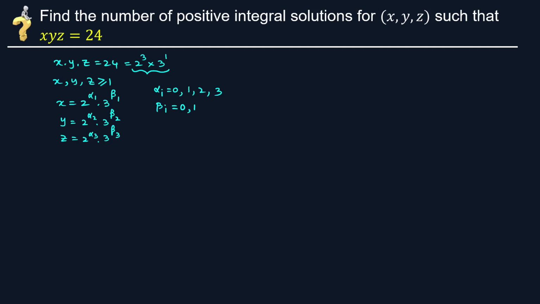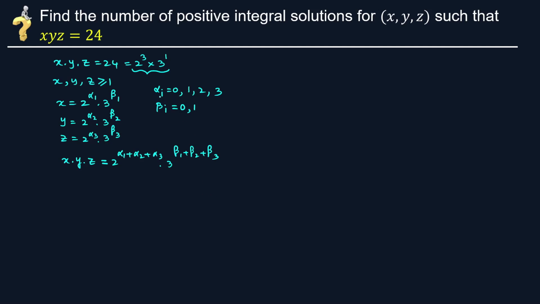We only have three 2s and one 3. So other than that, you cannot go. Now look carefully. When we multiply x into y into z, we actually have 2 to the power alpha 1 plus alpha 2 plus alpha 3 and 3 to the power beta 1 plus beta 2 plus beta 3. Is it clear?